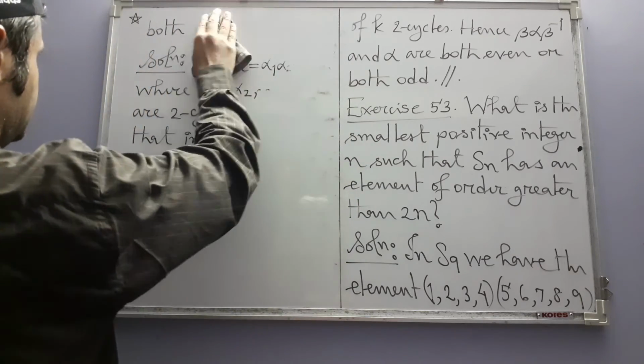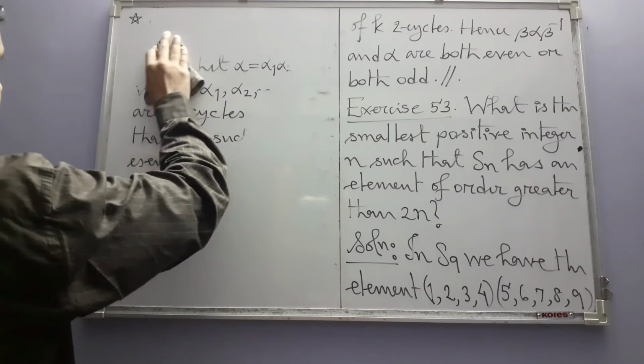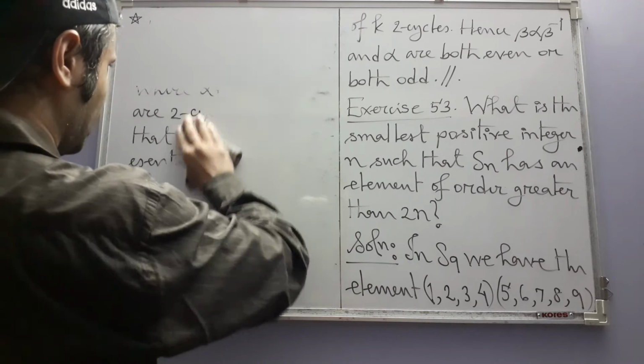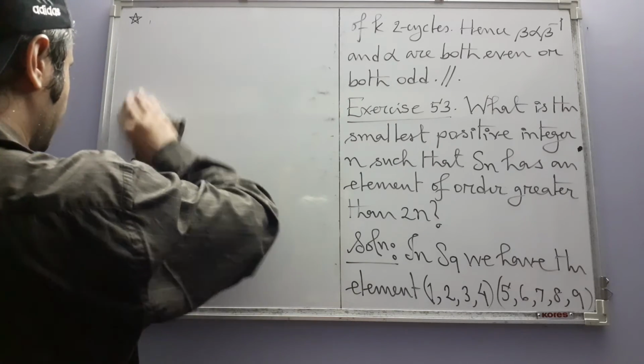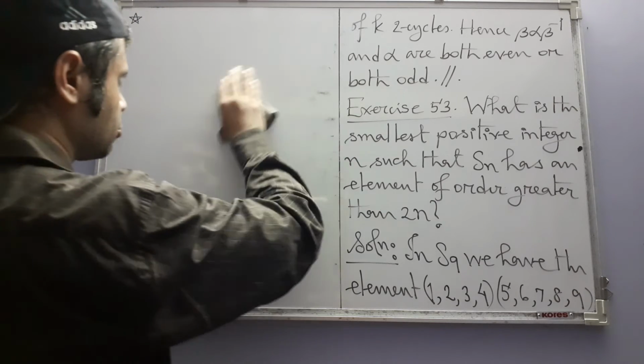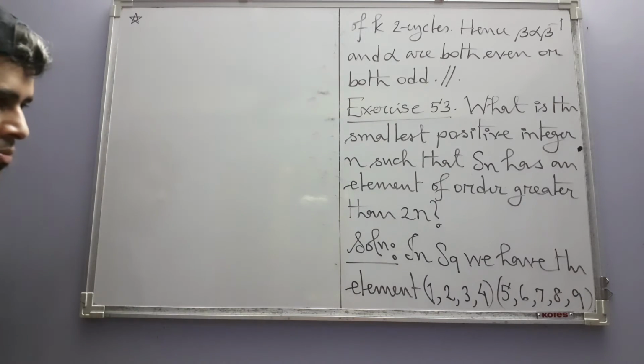But why 9? It turns out that 9 is the smallest such value of n, and that's where you have to do some extra work to show that it's the smallest.